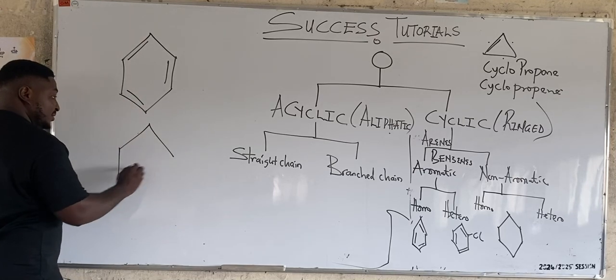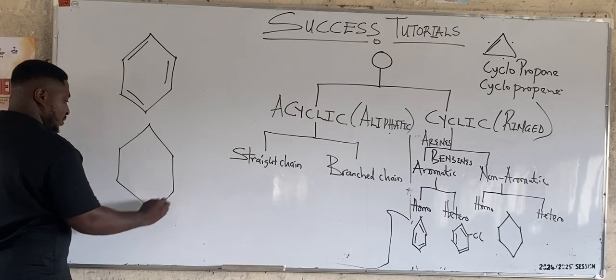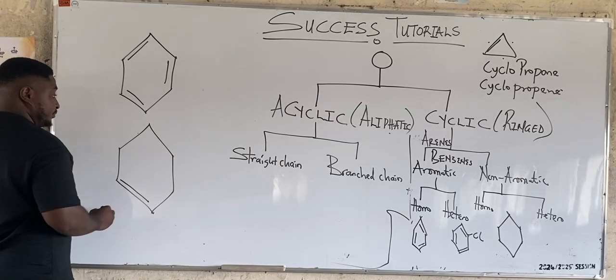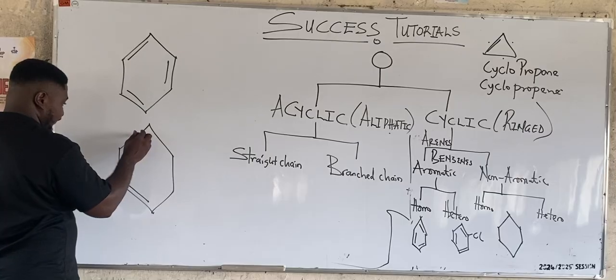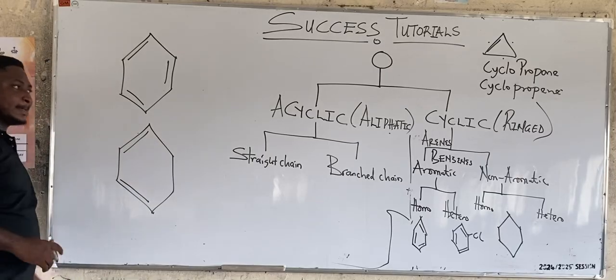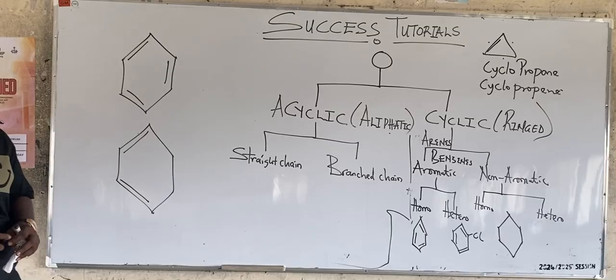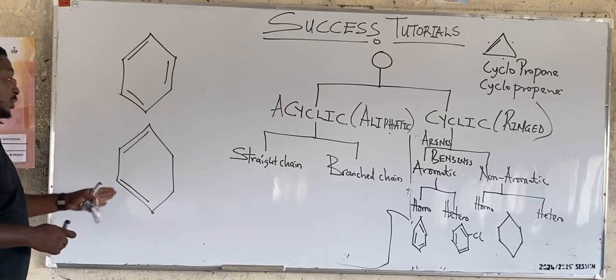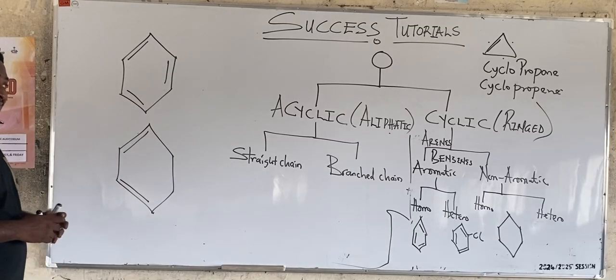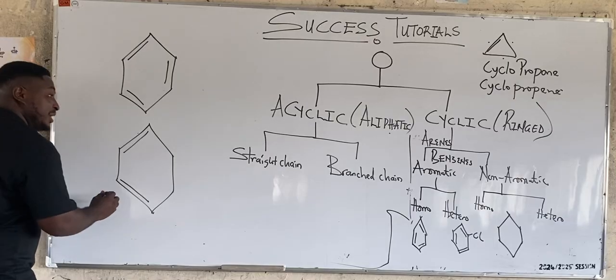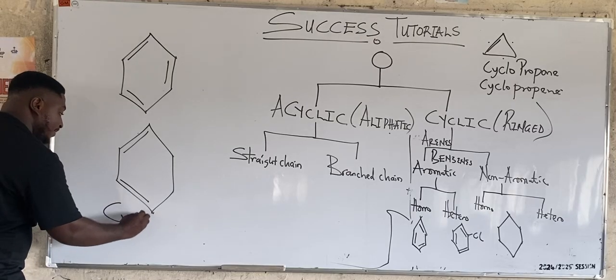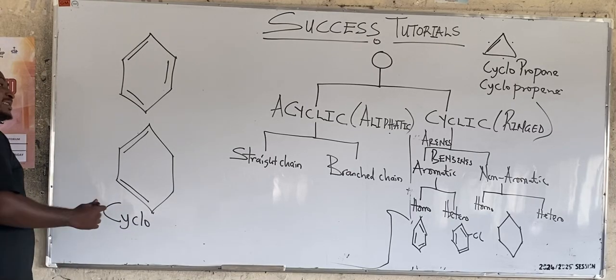Look at this. This is not benzene. If you cannot count 3 double bonds and 3 single bonds, it is not benzene. You have to name this normally. Once it is not benzene, your naming must start with cyclo.